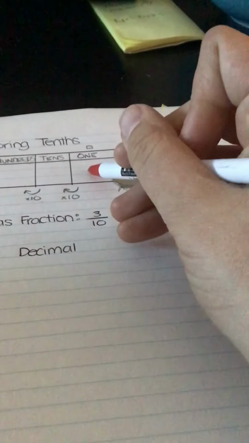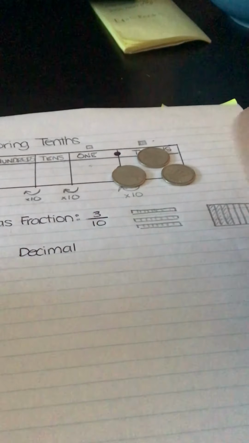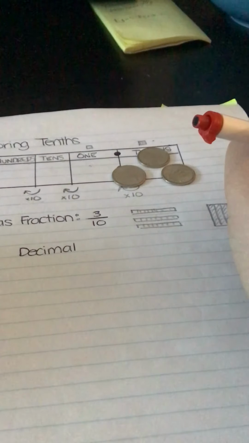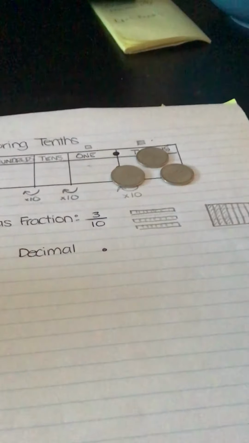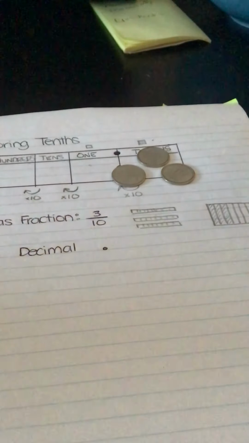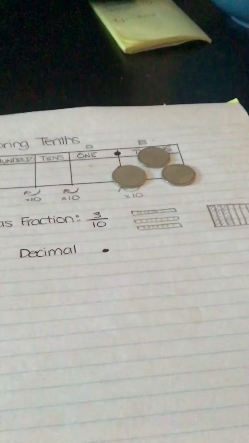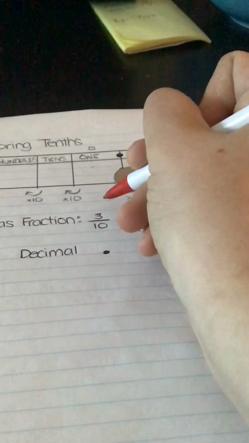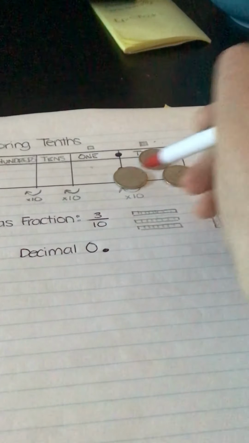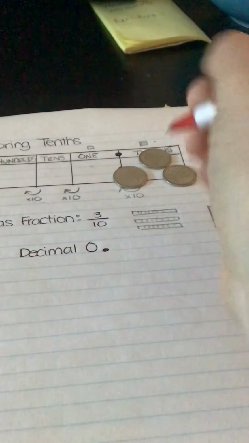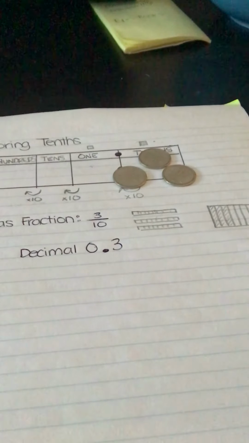Hopefully you said no. So in my ones column, I can't leave it blank because we need to have something to the left of our decimal. We can't just have a decimal, because then we don't really know what it is. It just looks like one of those wisdom dots floating in the air, right? So we need to have a 0 there. We don't have any dollars. We just have 3/10. So 0 decimal 3 is how we're going to write it.